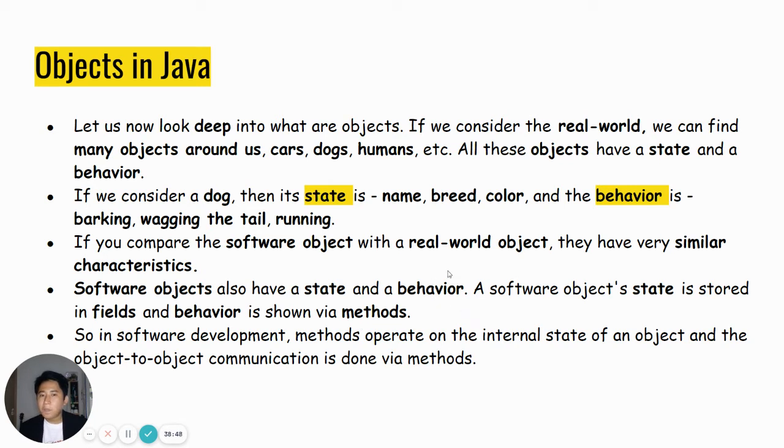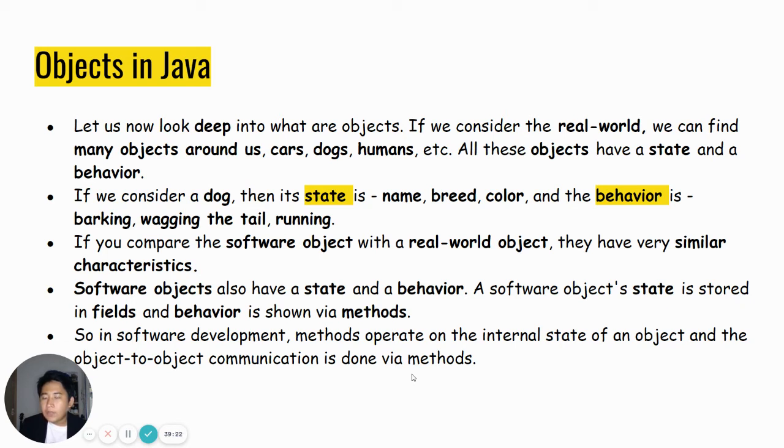In software development, methods operate on the internal state of an object, and object-to-object communication is done using methods. This slide explains the difference between state and behavior when it comes to objects.